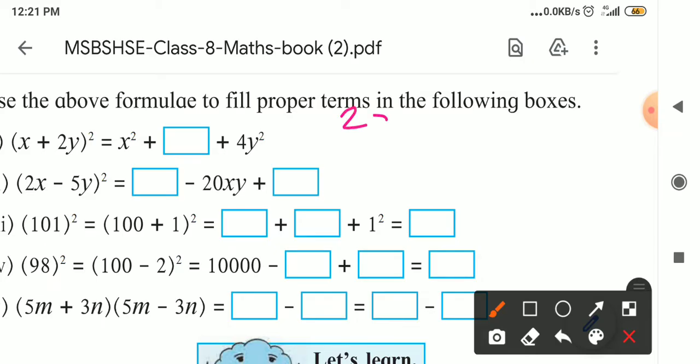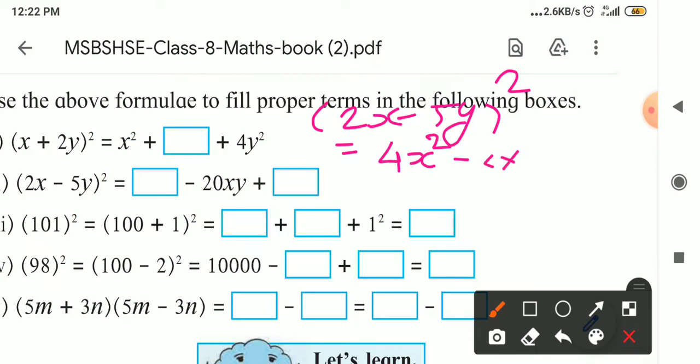(2x minus 5y) bracket square equals what? 2x square, that is a square, 2 square is 4x square, minus, that minus sign is inside the formula, 2 into 2x into 5y, plus 5 square is 25y square.